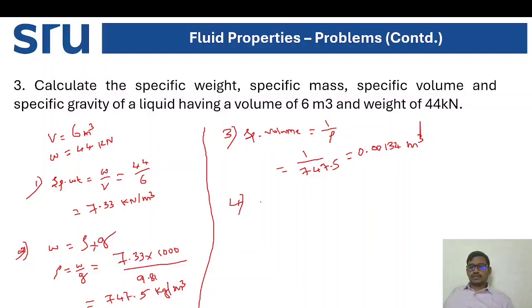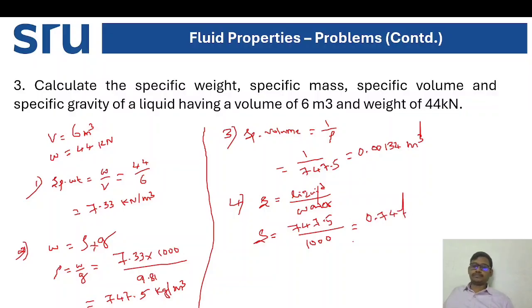Fourth one, gravity. Specific gravity is equal to, as I told, density of a liquid by density of water. So S is equal to 747.5 by 1000, that is equal to 0.747.